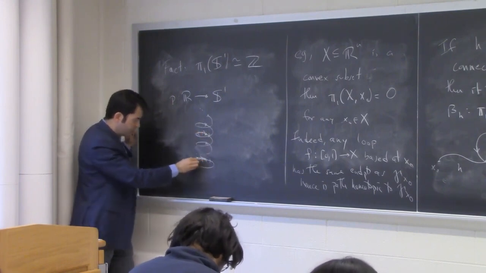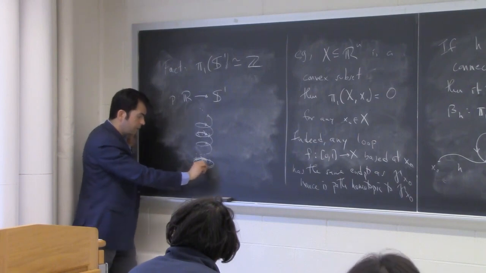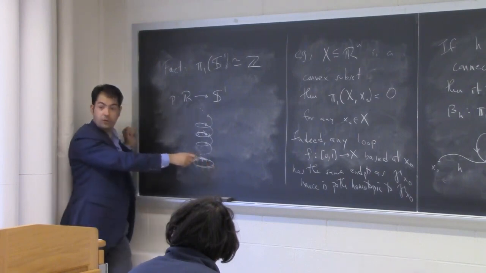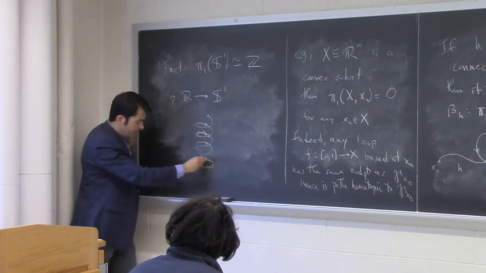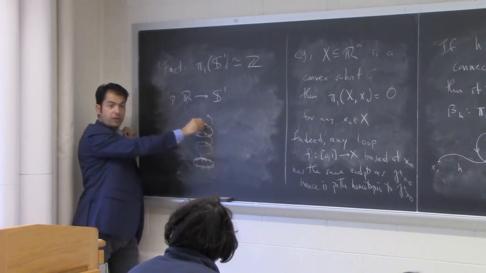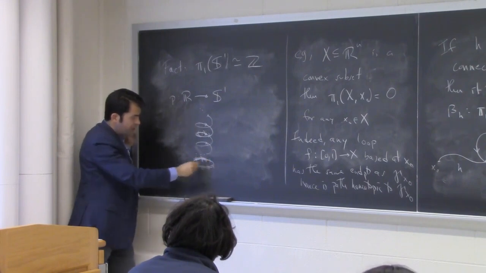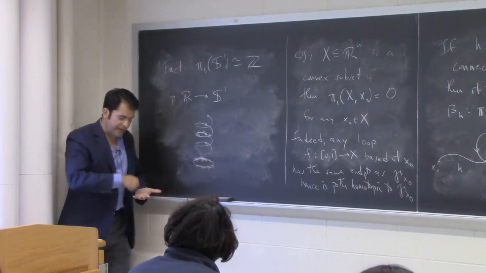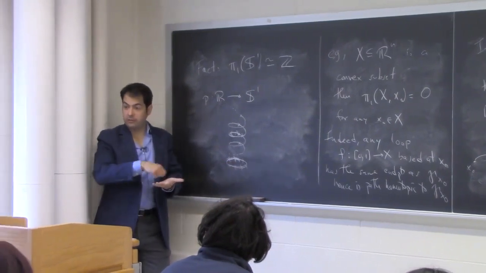And let's say this path just went around the circle once. I keep lifting on little intervals, and everything's going along great up here. I have no choice. But when I get back to where I started down here, over here I've gone around once and come up to the next point, right? So if you want to know for a path down here, you follow the path, how many times did you go around the circle, you know, with sign, right?